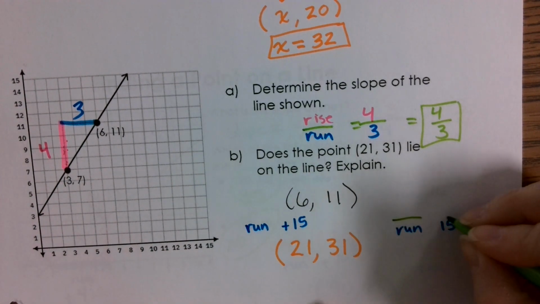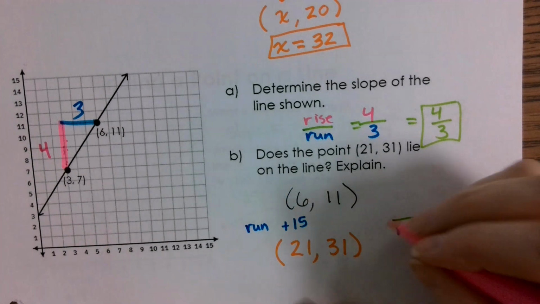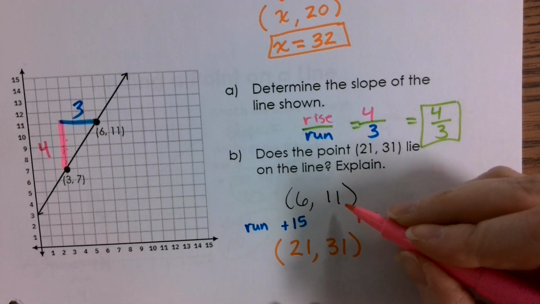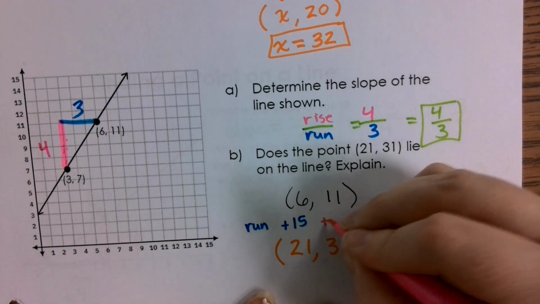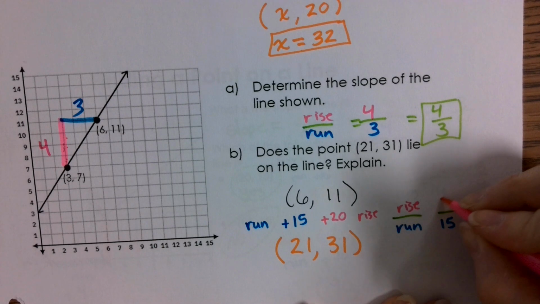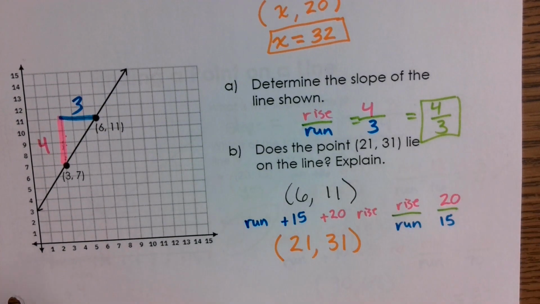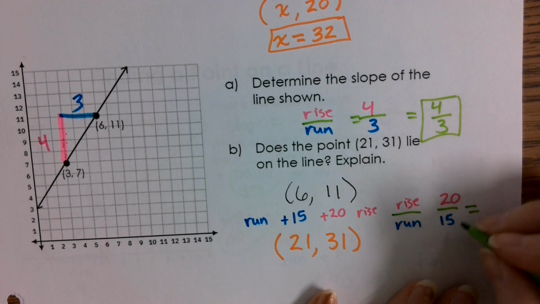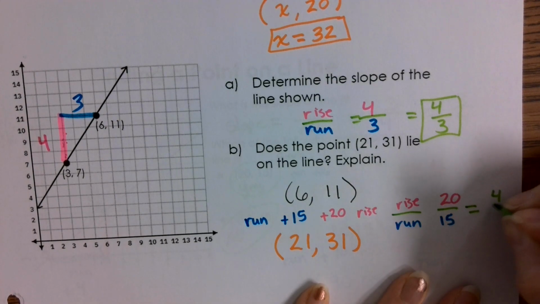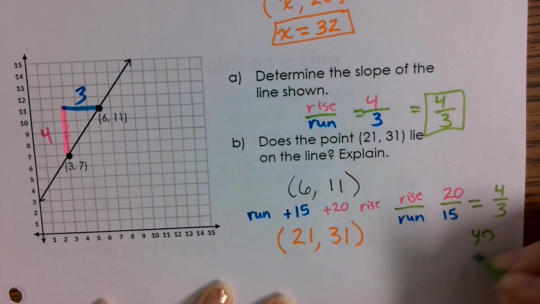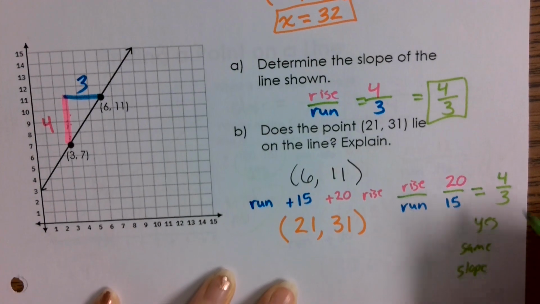And then my rise goes from 11 to 31. That means I'm going to increase by 20, because 11 plus 20 gives me 31. So I get 20 over 15. If I simplify this, they're both divisible by 5. That would come out to 4/3. So yes, it's the same slope. That means it is on the same line.